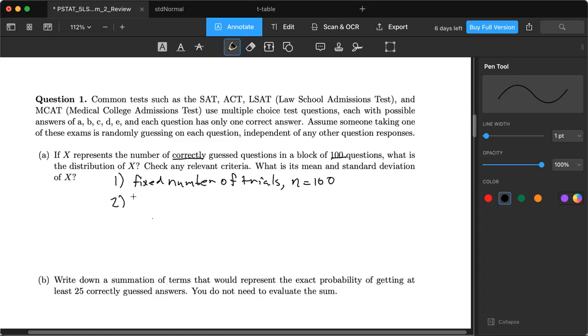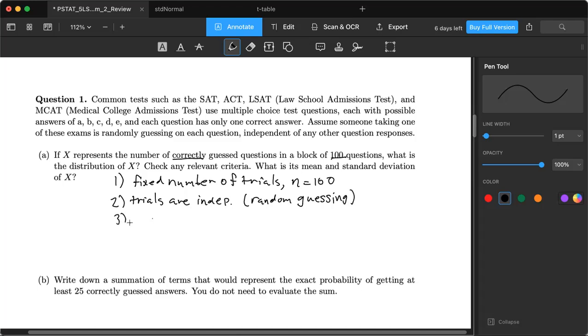We have that the trials are independent. And that's true because we're randomly guessing. As in, the guess on the third problem does not affect what I guess on the fourth problem. So each trial is independent.